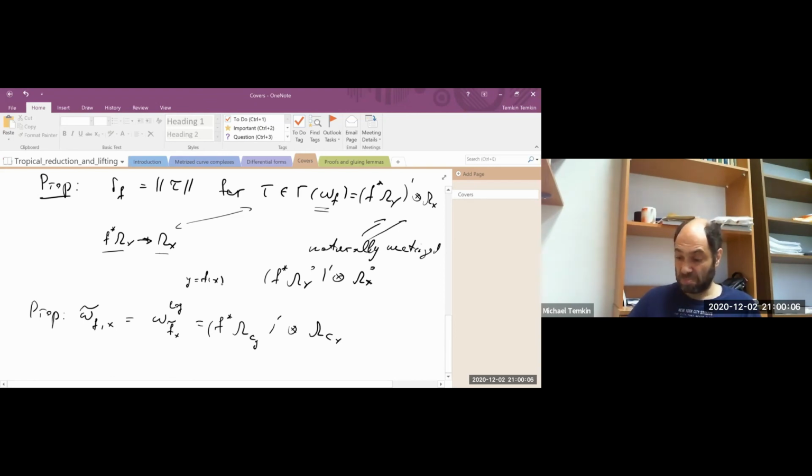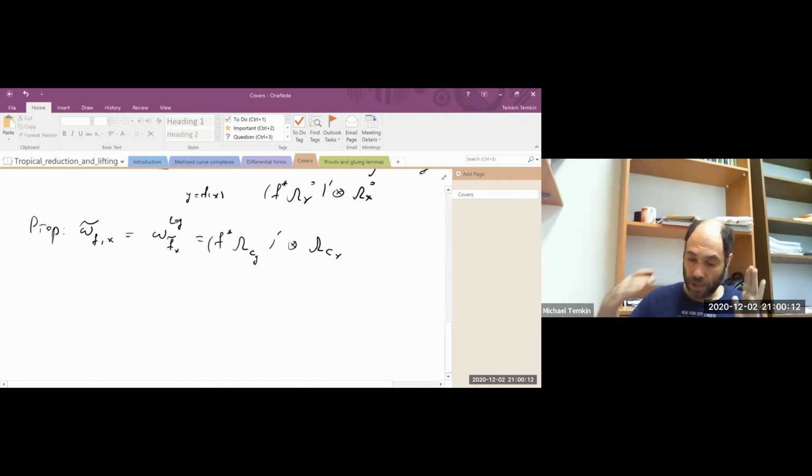So using this, from this we can define a reduction of tau for vertices of the skeleton.